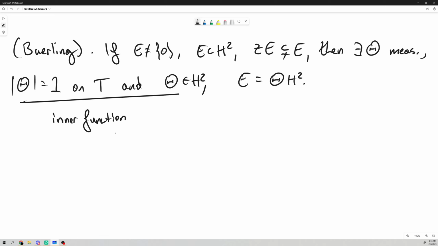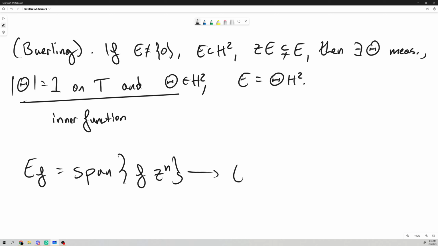And as it turns out, you can factor any H2 function as what's called an outer function and an inner function. So this is an inner function. You're going to ask what's an outer function. Okay. Well, remember earlier we were talking about E_F being that span of F times z^n. Well, a function is outer, and this is why it's so important, if E_F is actually just going to be equal to H2.